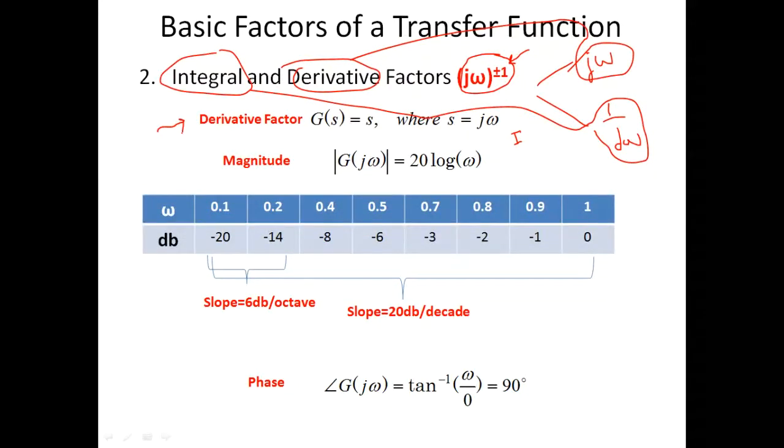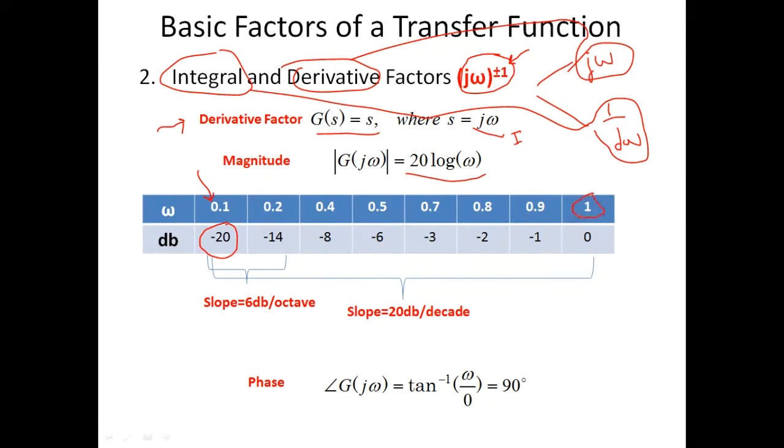For the first case, the derivative factor G(s) equals s, so s equals jw, and the magnitude will be 20 log w. That means it depends on the value of w. Here 20 log 0.1 is minus 20 decibels, and so on.